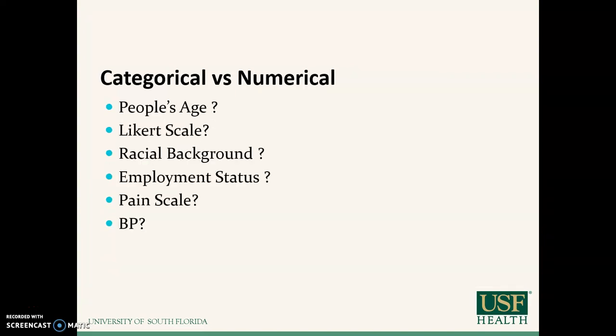Some of the examples are people's age, which is numerical. A Likert scale is categorical, actually ordinal. Racial background, categorical, is nominal. Employment status, nominal. Pain scale, usually an ordinal scale. And blood pressure, it's numerical.